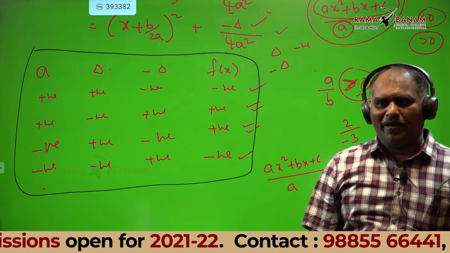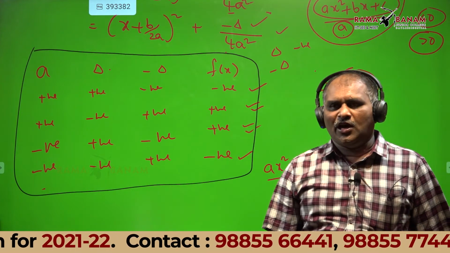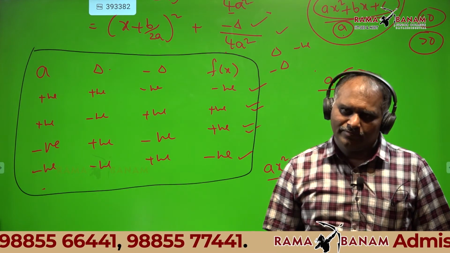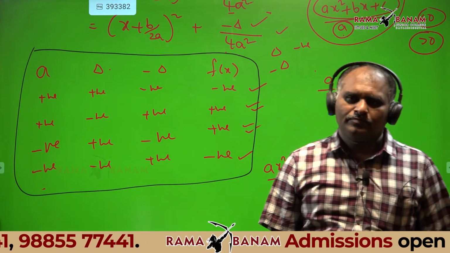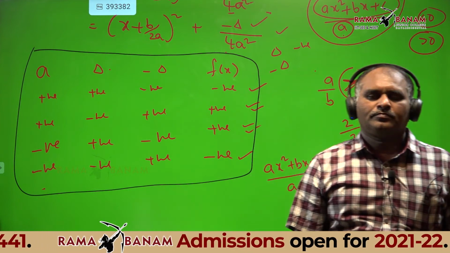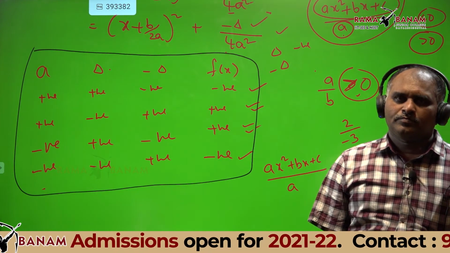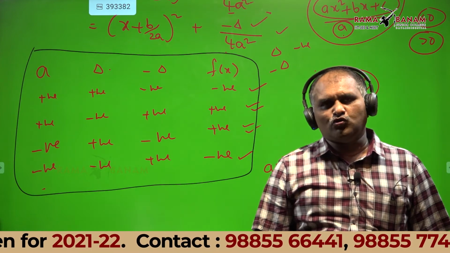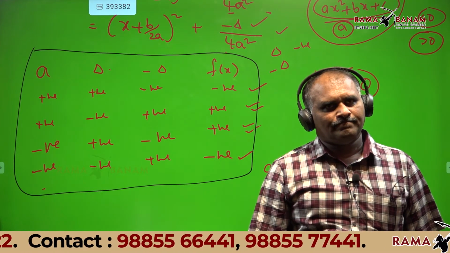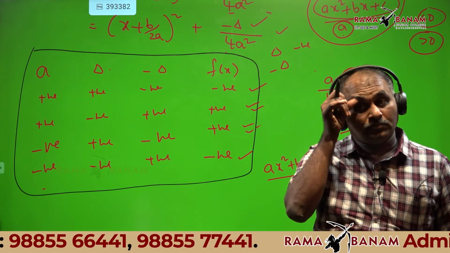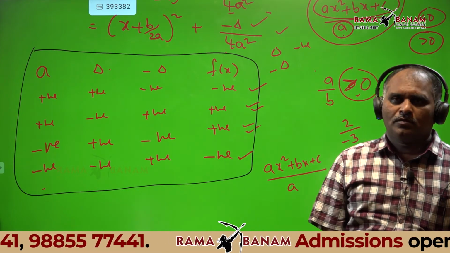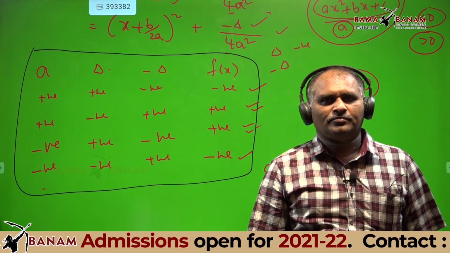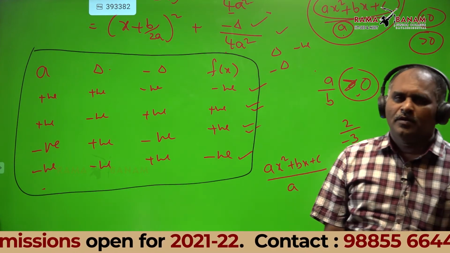A, delta, minus delta, f of x. f of x means ax square plus bx plus c. If you have completed, tell me, I will give two statements. Completed, sir. Write down.